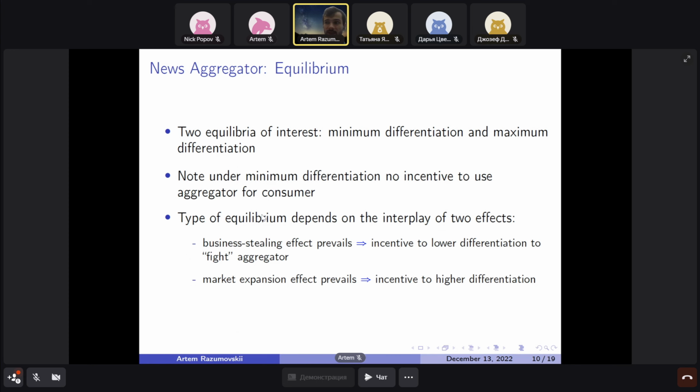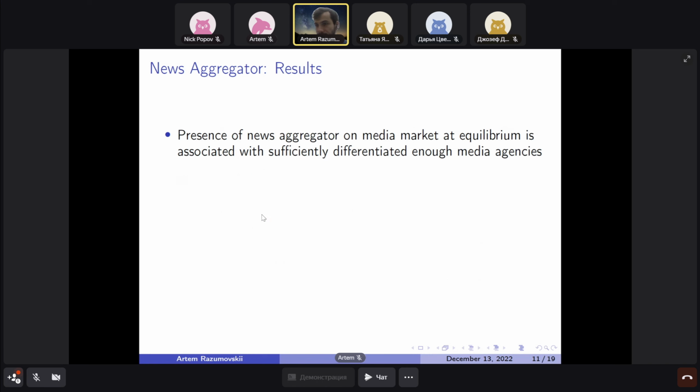If market expansion prevails, which is readership expansion in other words, then it is profitable for agencies to choose different topics of high quality, so they can focus on their topics. For example, one newspaper produces topics on sport, another politics, a third culture. And then they enjoy that the aggregator attracts all consumers on the market to read their news.